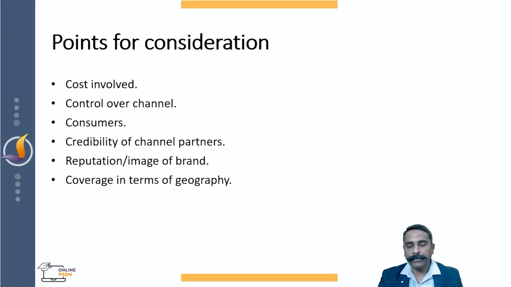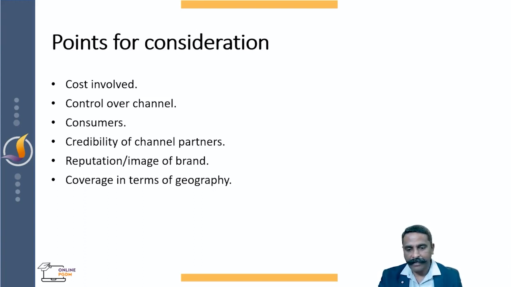Then, as marketers, we would like to reach out to the maximum number of consumers. So we would also try to understand the coverage of that channel in terms of geography. If I am making my products available through Amazon, probably I am making it available to the entire country.